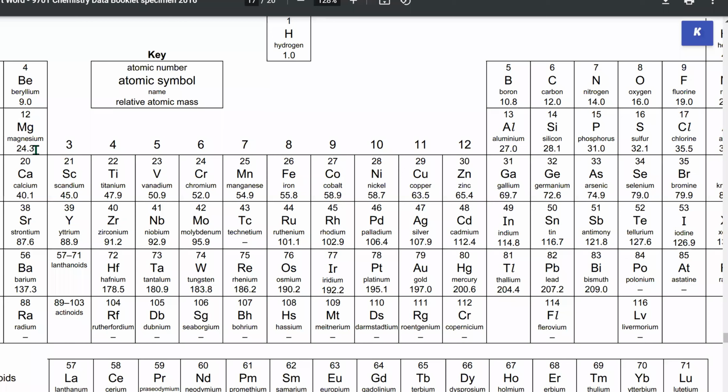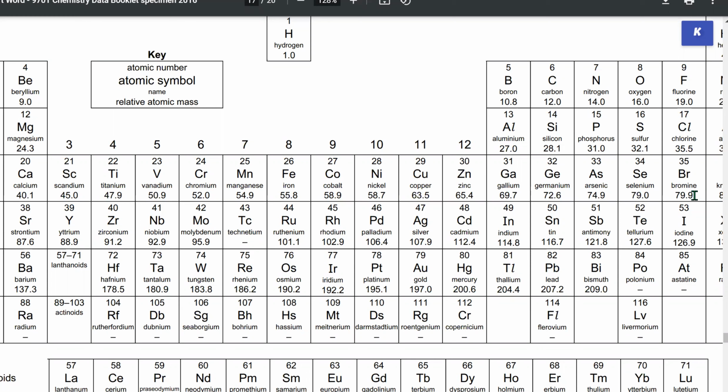Magnesium is no longer 24, it's actually 24.3. In O levels, iron was 56. Bromine in O levels was 80, now it's 79.9. So make it a habit. Don't use your memory. Even if you think you know the atomic mass, just open the periodic table to confirm that it's exactly the atomic mass that's given in the periodic table or not.